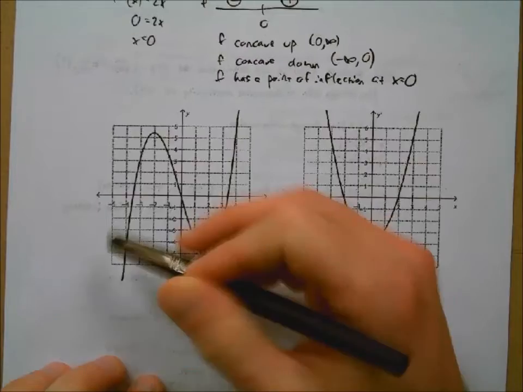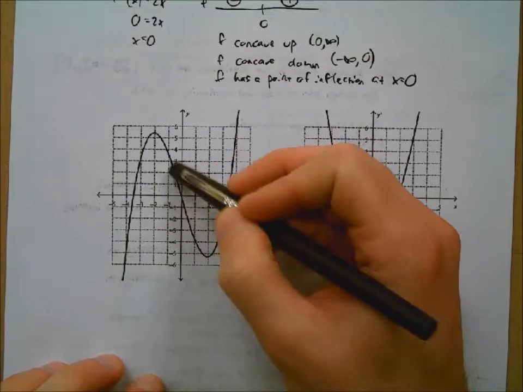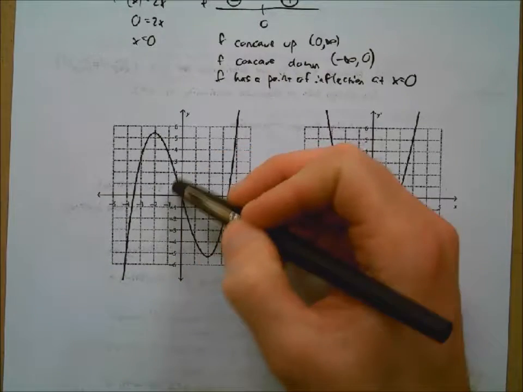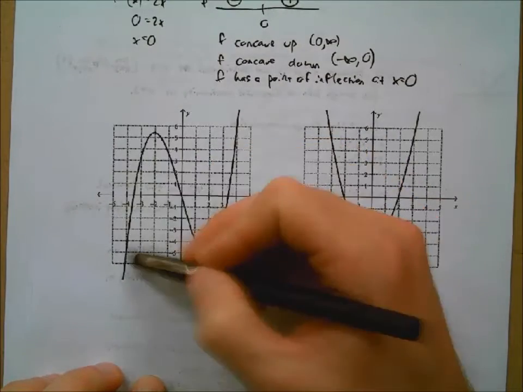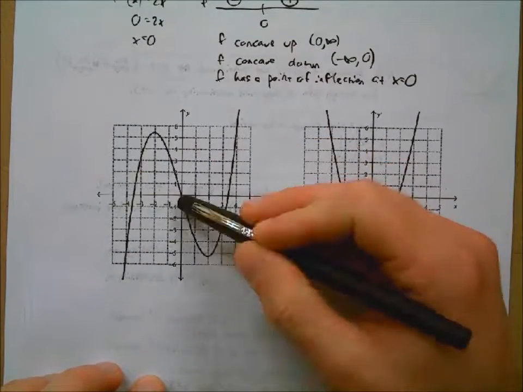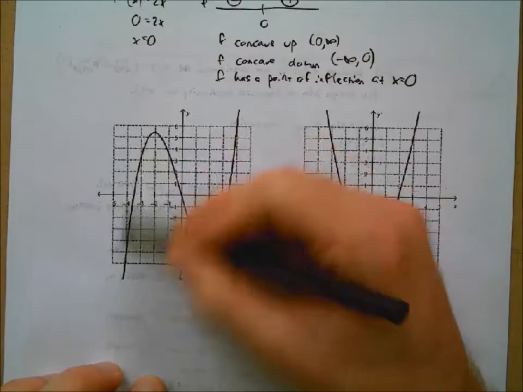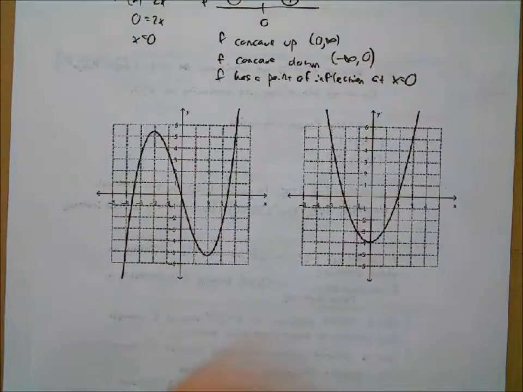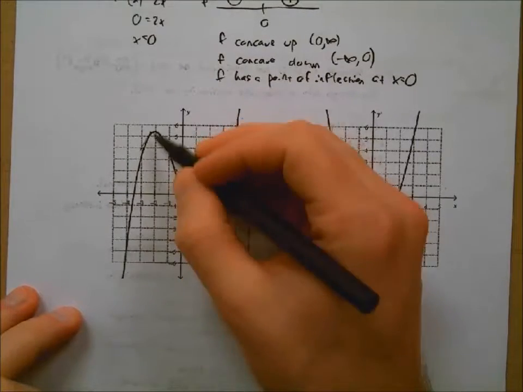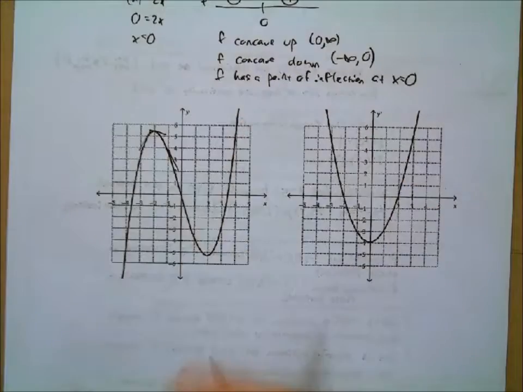Whereas if we looked at the concave down intervals, the function would be below any tangent line in this interval. So if the function's above the tangent line, concave up. If the function's below the tangent line, concave down. It's another way to see that. You can just imagine drawing tangent lines in here, and in all those situations, the graph would be below the tangent line, so that's concave down.